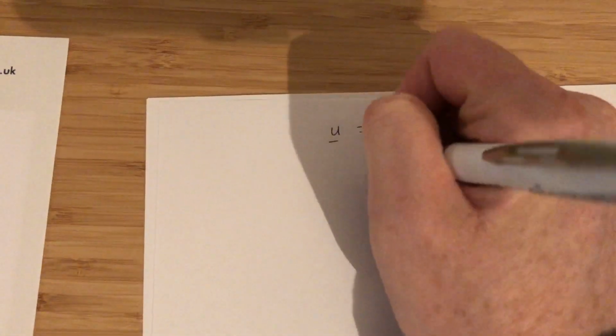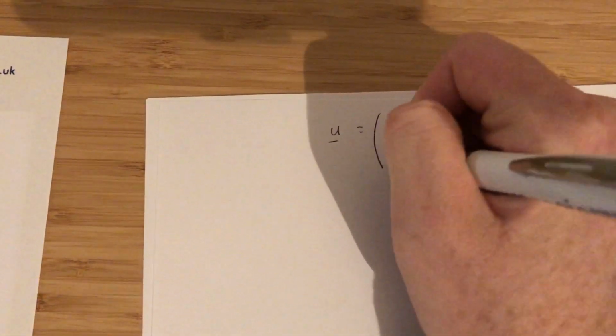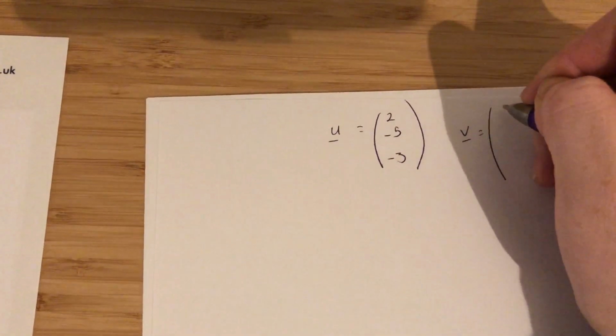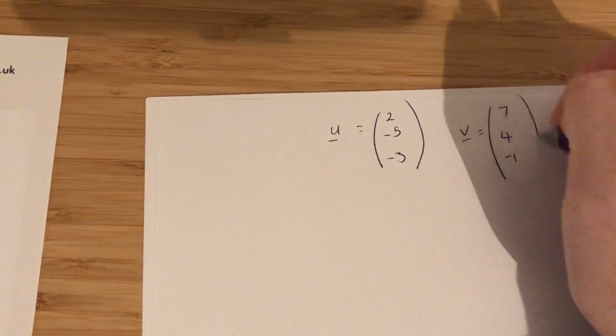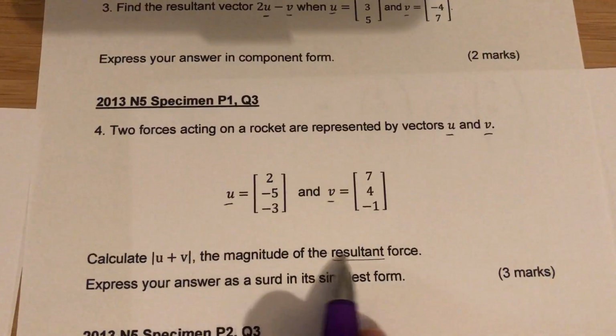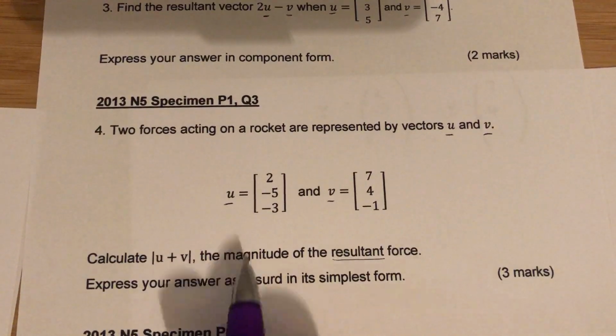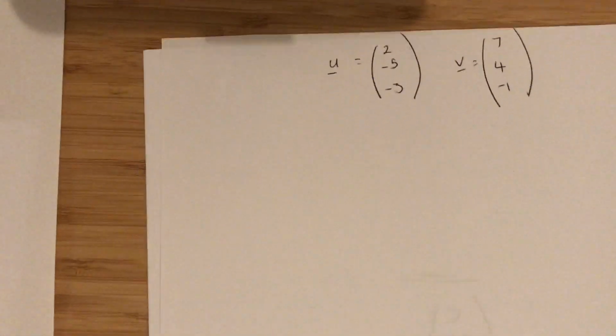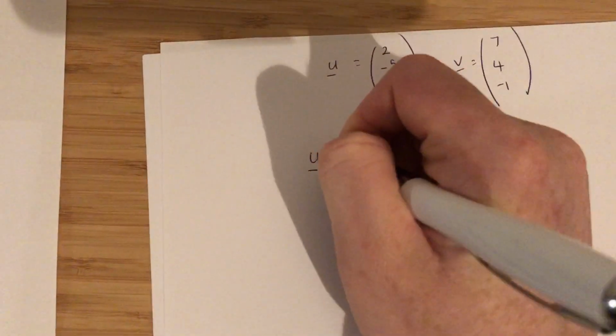Writing down our vectors, I've got u, 2, negative 5, negative 3, and v, 7, 4, negative 1. So we've been asked to calculate the magnitude of the resultant force. Before we find the magnitude, I want to just find the resultant first of u plus v.